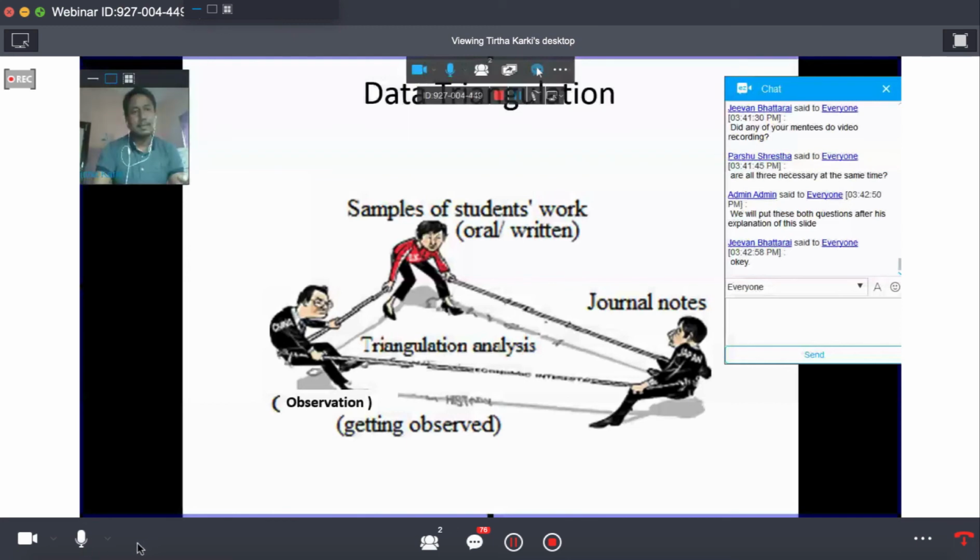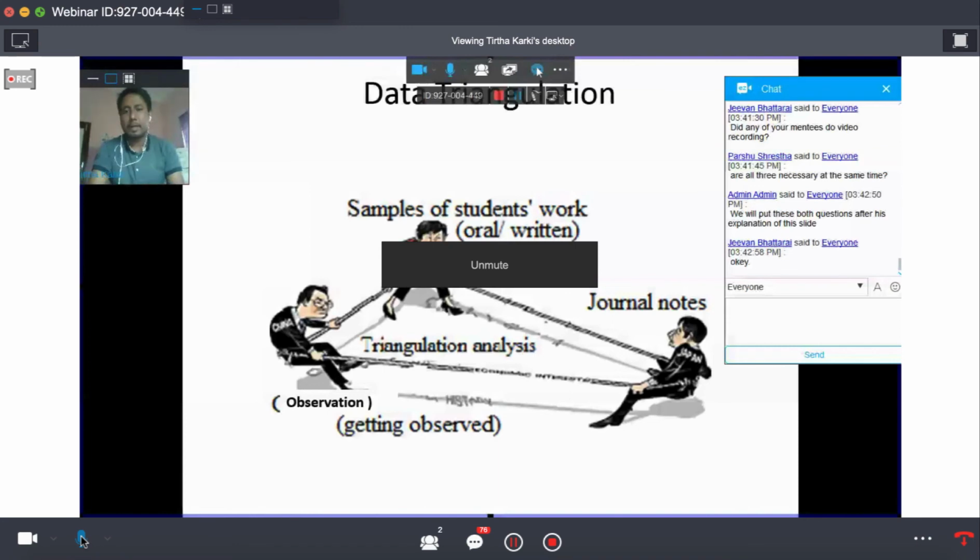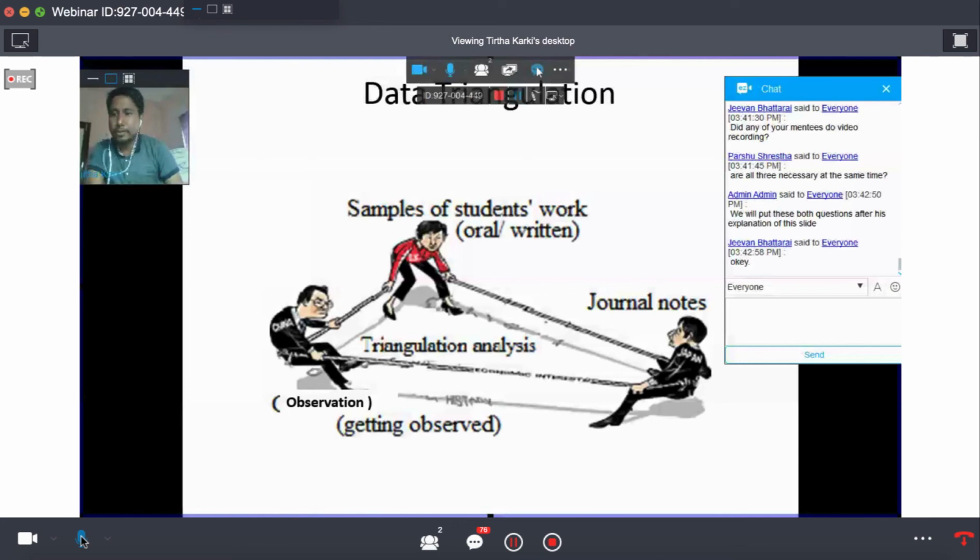So all the tools are not necessary to implement, but self-reflection through classroom observation, inviting a colleague maybe to observe your classroom, your discussion with the students, and your discussion with the colleagues. These are the most significant tools I have found teachers using in my research project. Okay, thank you.